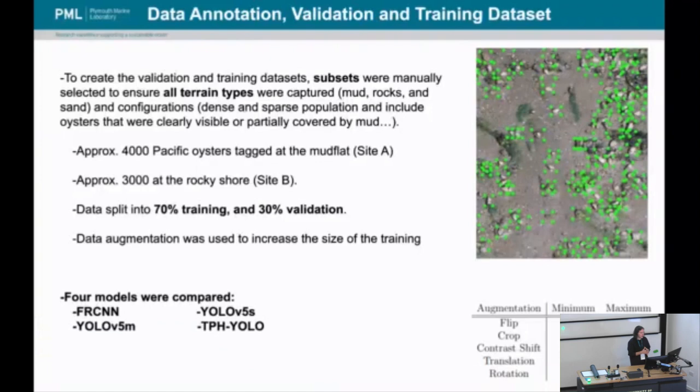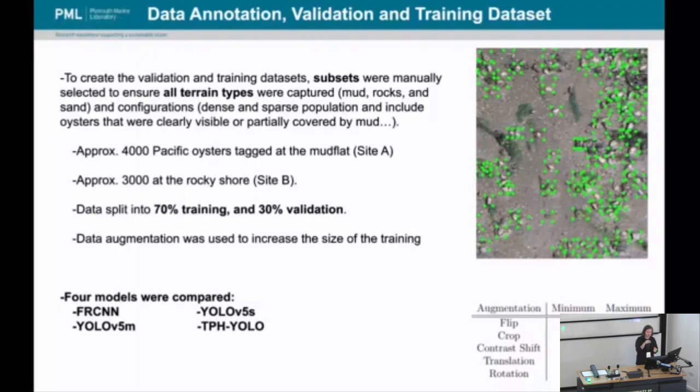And we wanted to have our training and validation dataset as representative as possible of all the environments. So on those orthomosaics I was showing you, we manually selected some regions, trying to have all the different possibilities, such as close to the water, far away from the water, obviously rock and mudflat, but also large congregations of oysters or spat, close to algae, far away.